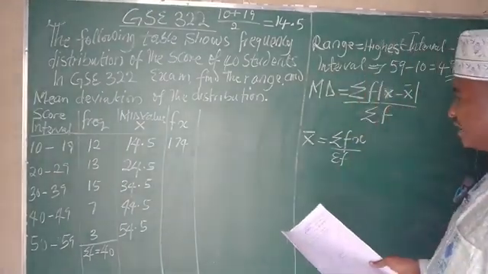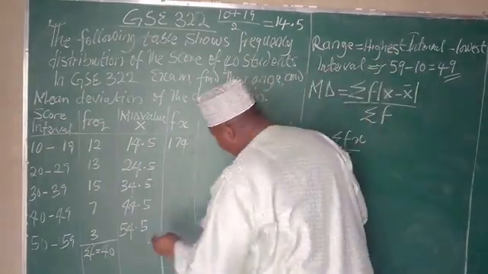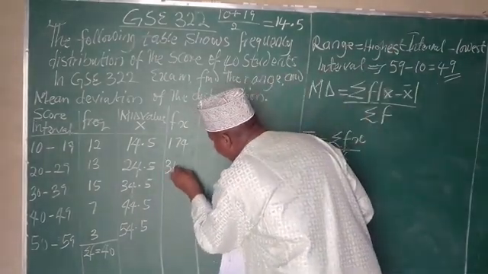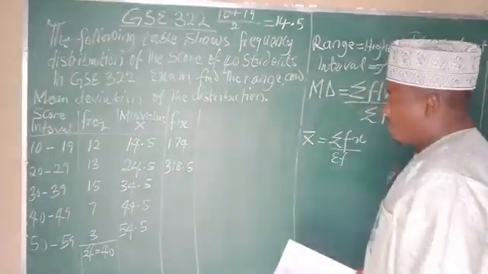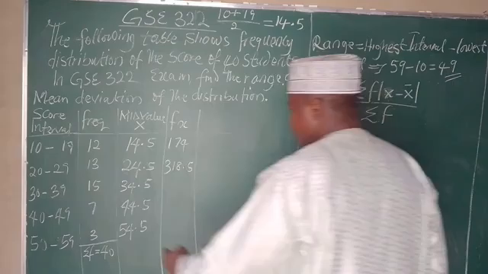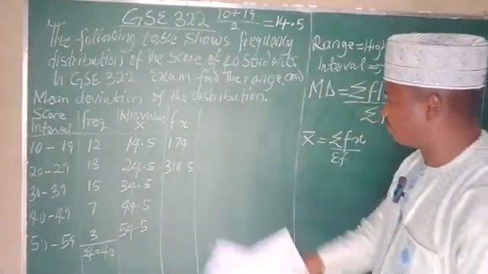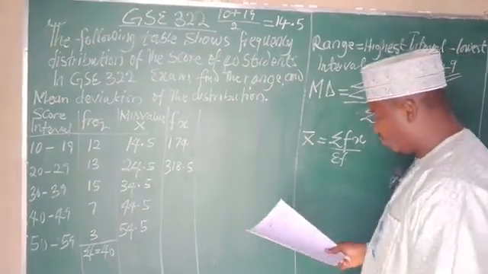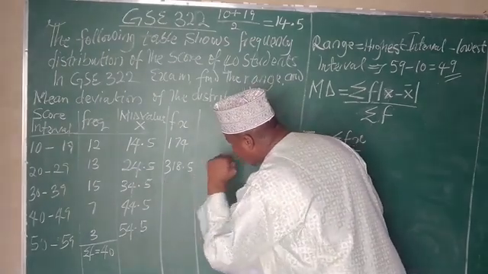When we multiply 13 times 24.5, it is going to give us 318.5. Then the third one, it means 15 times 34.5. And when we multiply 15 times 34.5 is going to give us 170.